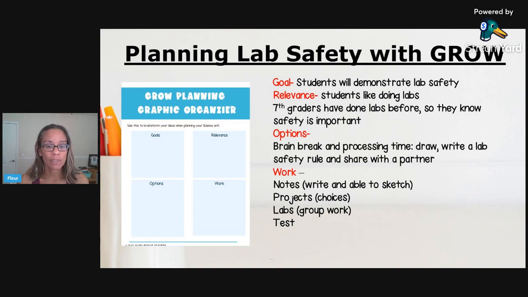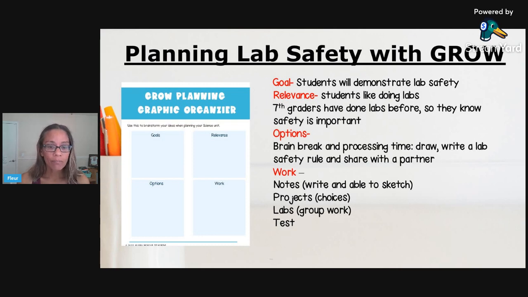They're going to write notes and they're able to sketch if they want to. Projects, I have choices for them because you want to make sure you incorporate choice as much as you can, or a variety of methods. Even if they're not necessarily getting choices, if they're doing a variety of things, that is really good for their brains because they're using different parts of their brains. Other work would be labs, which would be working with each other, and then a test to evaluate them.